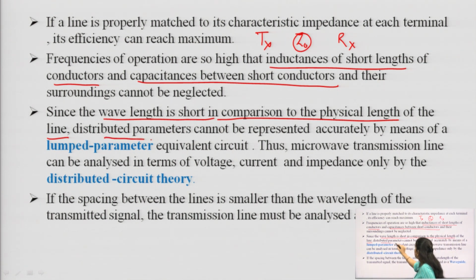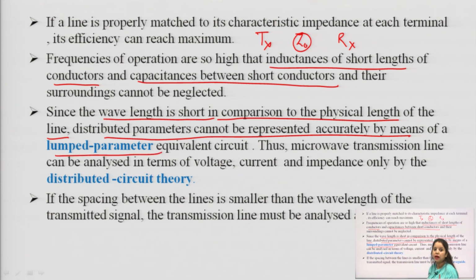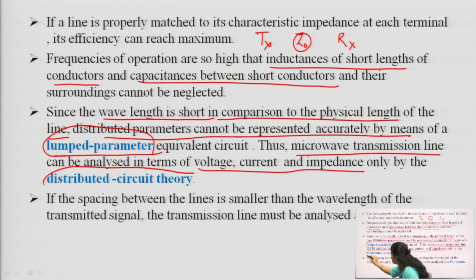Distributed components cannot be represented accurately by means of lumped parameters. So, distributed components can't be represented accurately by the lumped parameter equivalent circuit. Thus, a microwave transmission line can be analyzed in terms of voltage, current and impedance in the distributed circuit theory.